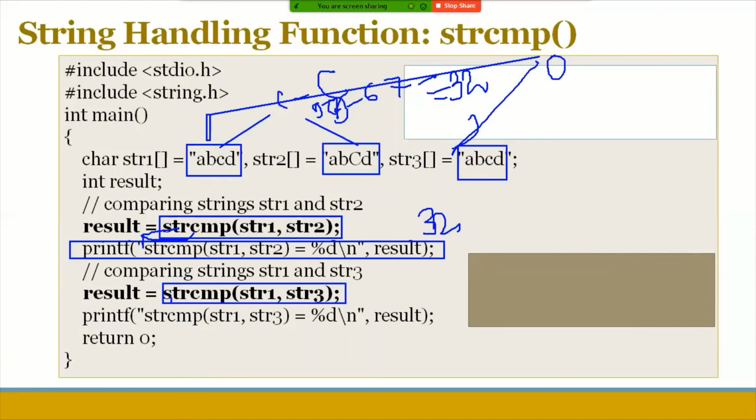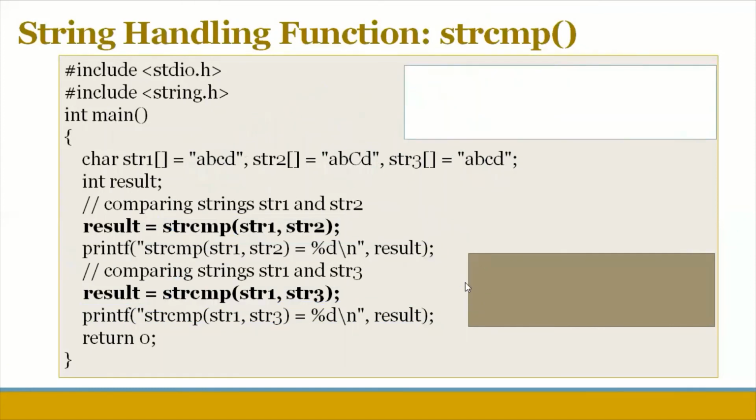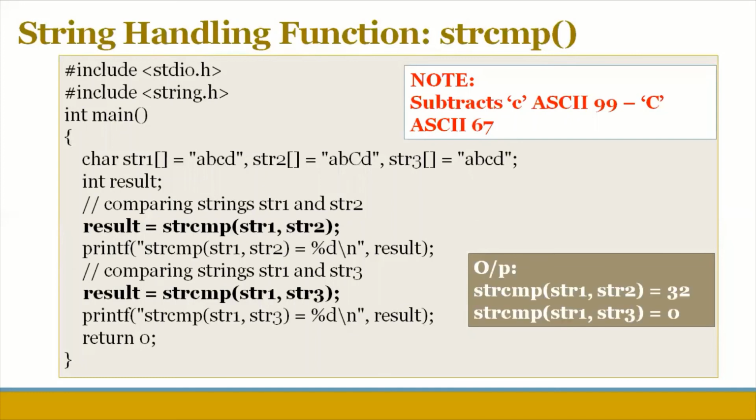That 0 will be returned by this function to result, so that the printf statement takes responsibility to display the output. So that is about strcmp. We subtract the C ASCII values, 99 minus 67 is 32, so we'll get output 32. And in the second case, it is 0. That is about the strcmp function.